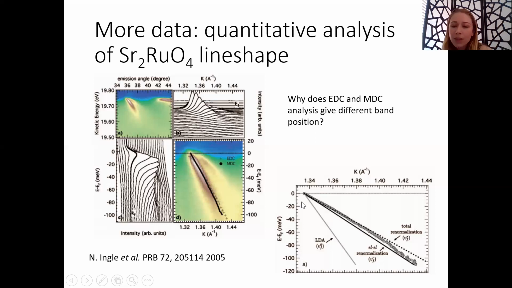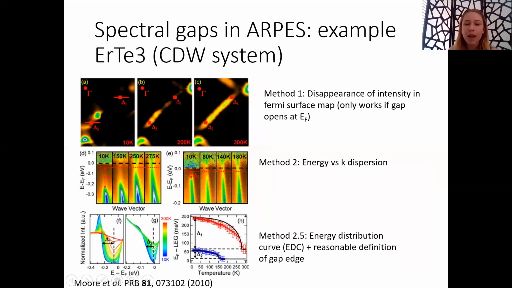And then on top of that, there's a bend that originates from electron-phonon coupling. So this is just an example of very rich information that can arise just by looking at one band.